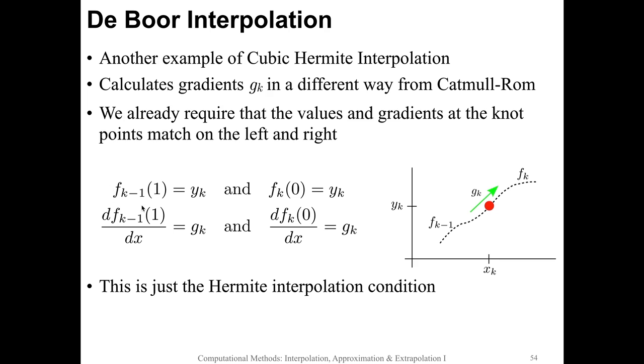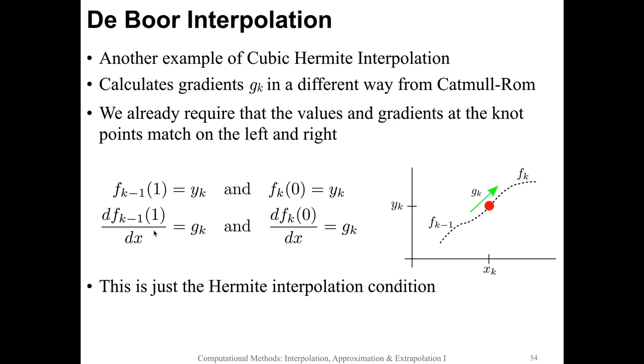So if we take the left hand function and evaluate it at its endpoint at u equals 1, then it needs to be equal to yk. And if we take our right hand function fk and we evaluate it at its starting point, which is u equals 0, then that also should be equal to yk. So these functions should match on their value at their left and right endpoints respectively.